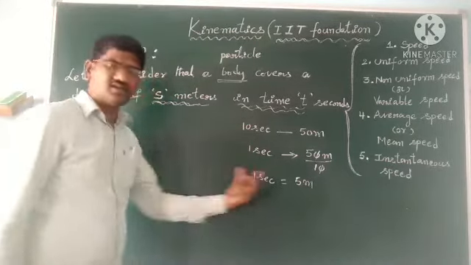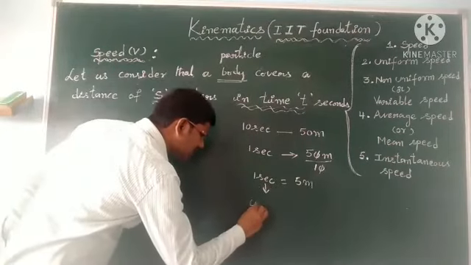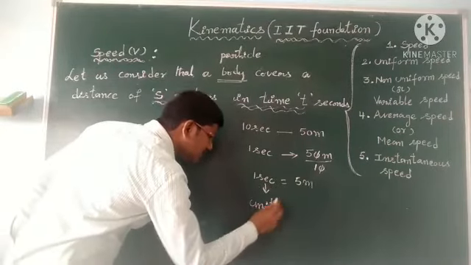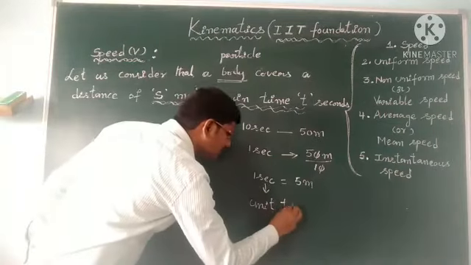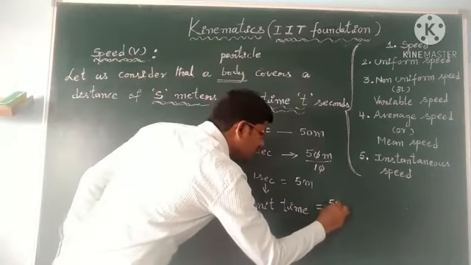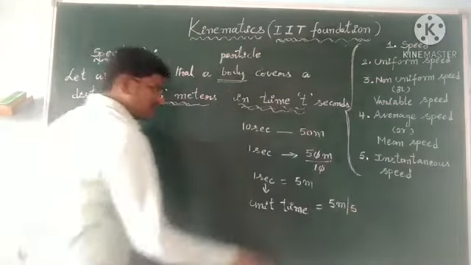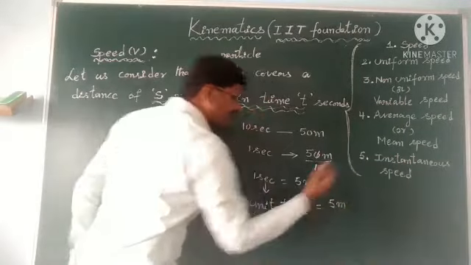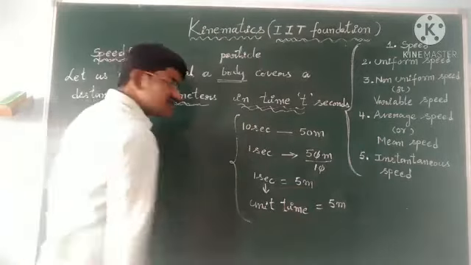The distance traveled in 1 second, 1 meaning unit, is called unit time. In the unit time he covered 5 meters per second. That is his speed.